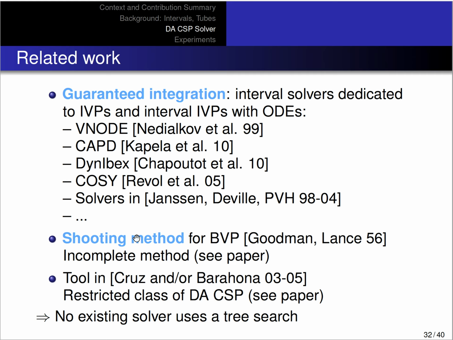Note that it's not an interval method. Finally, a solver designed by Cruz and Barahona, researchers from the CP community, can solve a subclass of the DACSP, and details appear in the paper too. To summarize, no existing tool uses a tree search, and we believe that no existing tool makes use of a model as simple as ours.